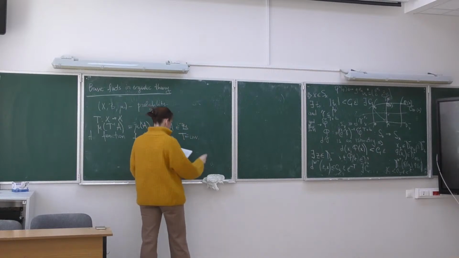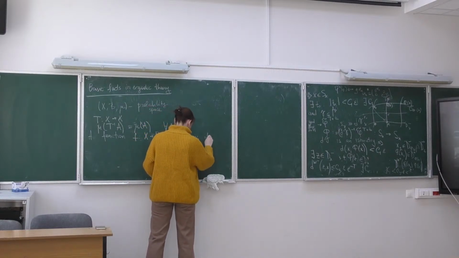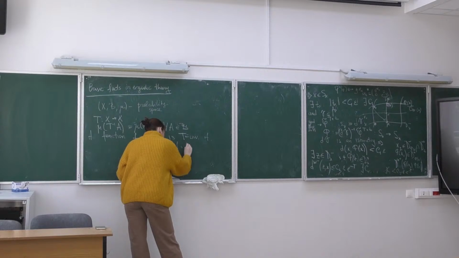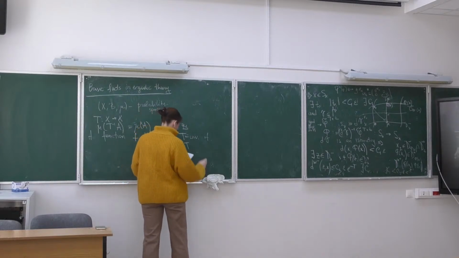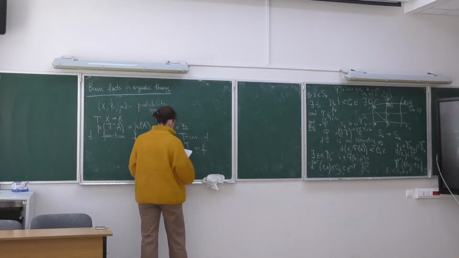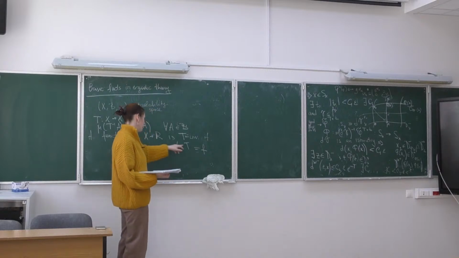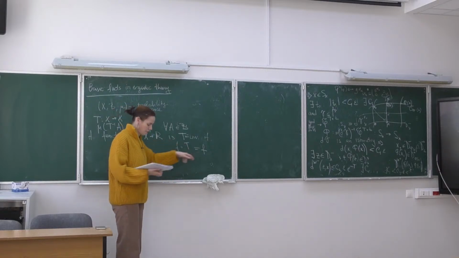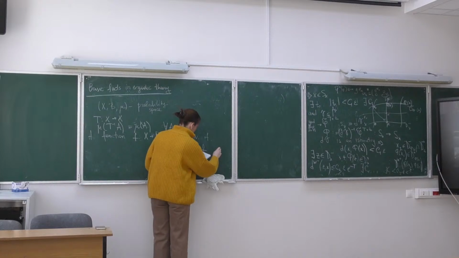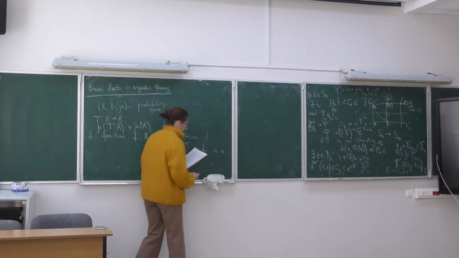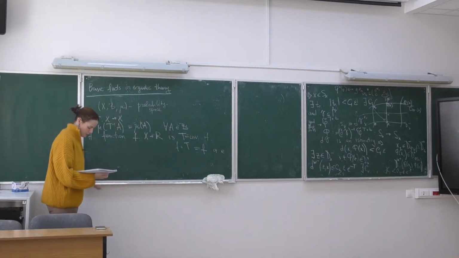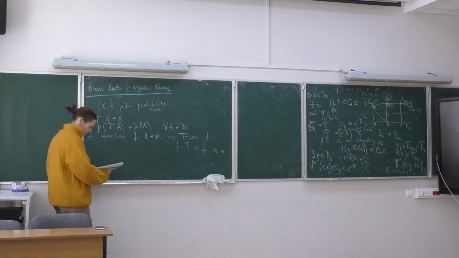To be T invariant means that we can consider a composition of our favorite map T with f, and we get f, but not always, but almost everywhere, so on the set of measure 1, or the set of full measure.